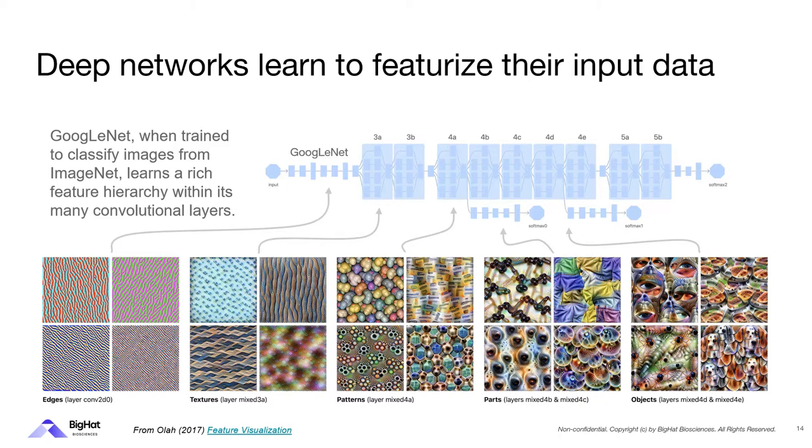And GoogleNet was actually a pretty old, now, deep learning based image classification model. It's very deep.